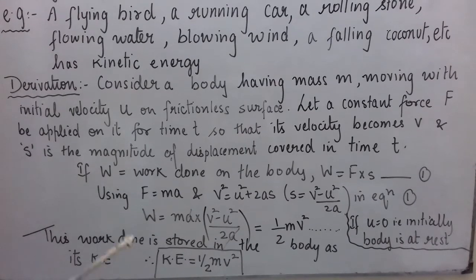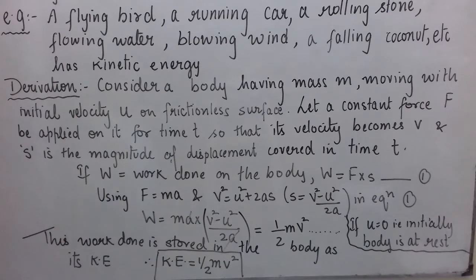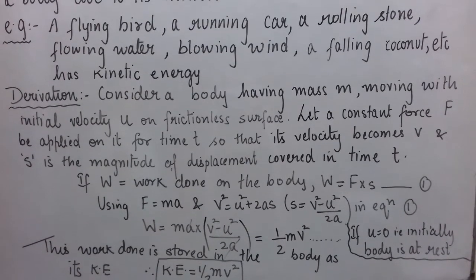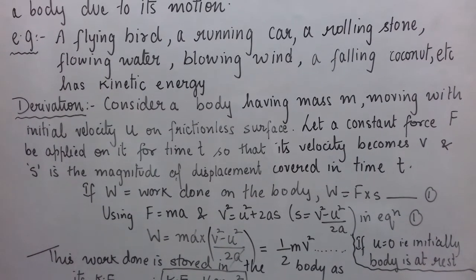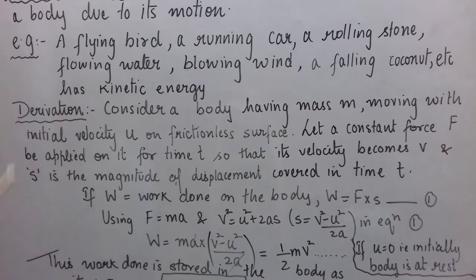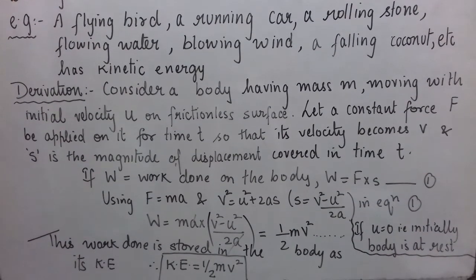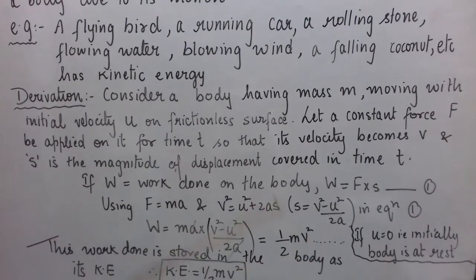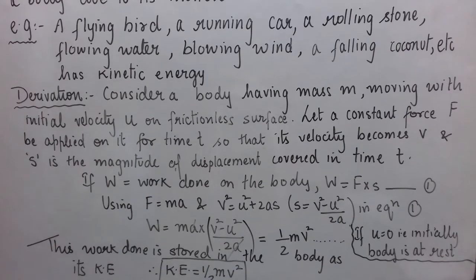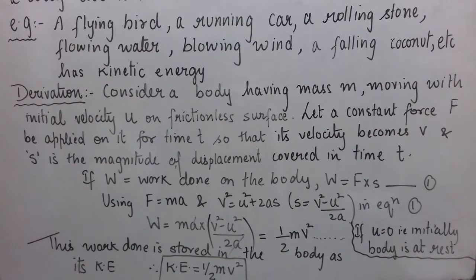So we can write W is equal to final kinetic energy minus initial kinetic energy. So W is equal to change in its kinetic energy. And hence work energy theorem is proved. So using this, you can derive an expression for kinetic energy of a body, and with just the same method, just don't take u is equal to 0, we can prove the work energy theorem in case the body is changing only its kinetic energy.